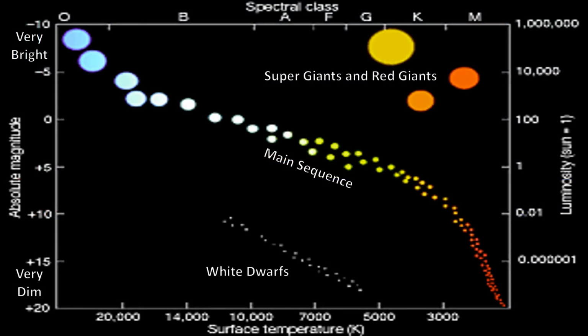So here we are back at our HR diagram, and we're going to be taking a look at a few different categories. So once again, we see absolute magnitude right there, so how bright that star actually is. And we have a plus 5 here, and that would be right about where our sun is.